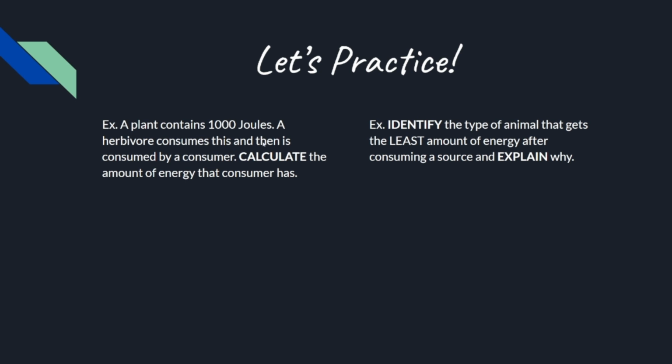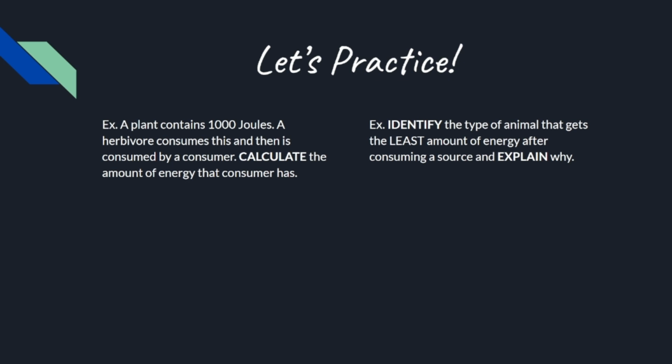So a quick way we can do this, and let me grab a quick pencil right here so that way I can help write it down and y'all should as well. So we have 1,000 joules in a plant, correct? So only 10% of that is actually going towards the consumer. So it's getting divided by 10.